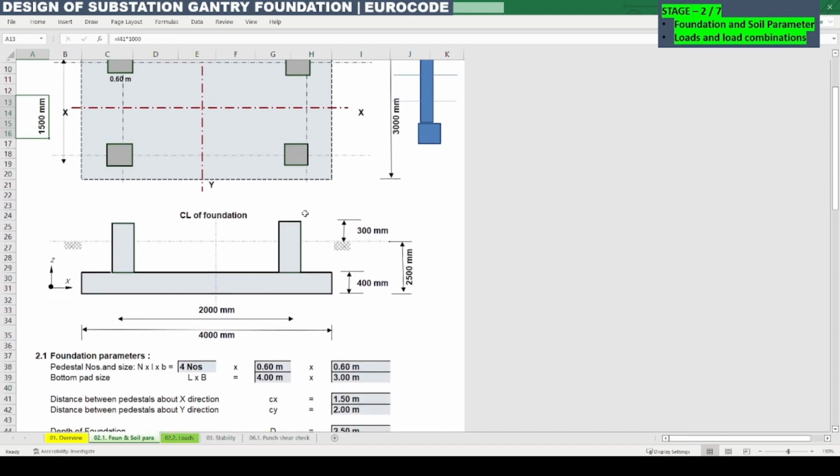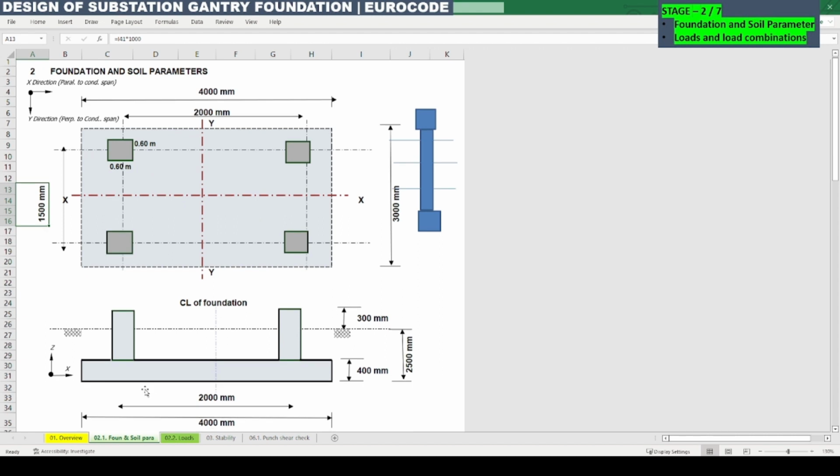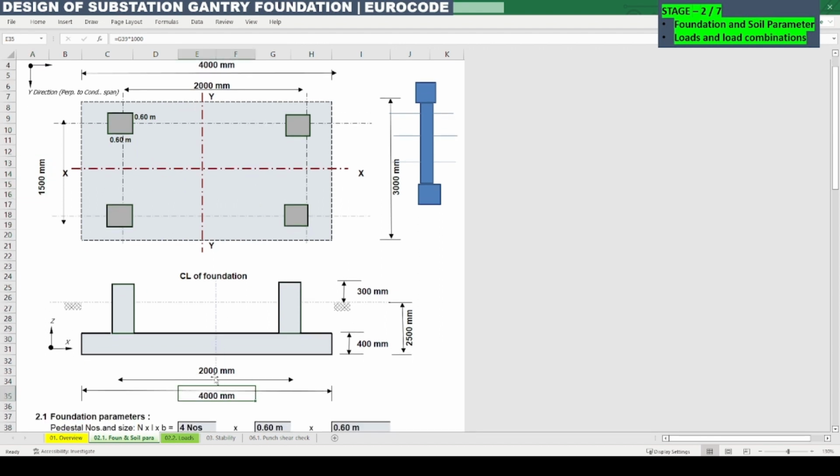And coming to the section of the foundation, the z direction we can consider as vertical, and x is the width or length direction which is parallel to the conductor span. So here the 4 meter length and 2 meter center to center distance of pedestals we already saw in the plan view.